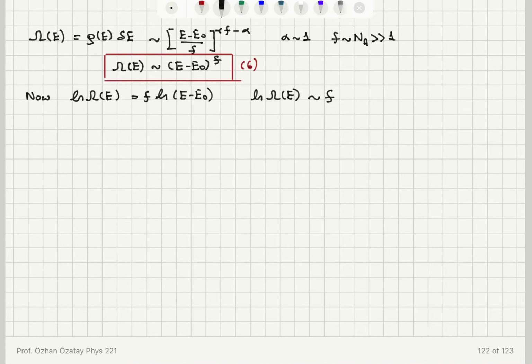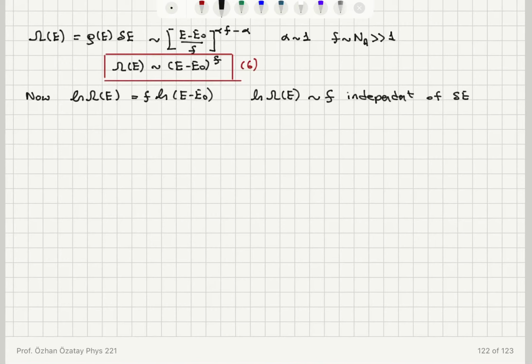And basically, this is independent of delta E. Why is it independent of delta E?